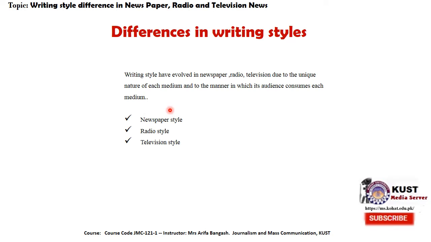An evolutionary process has been at work adapting each news writing style to its medium, further taking note of the gradual shift of many newspapers to a more conversational writing style and the shortening of both television news stories and soundbites. One could well argue that the evolutionary process will continue. So here we will discuss three different styles: newspaper style, radio style and television style.